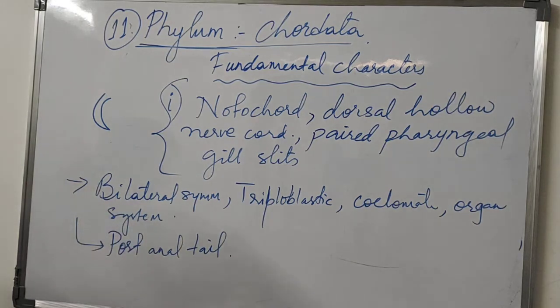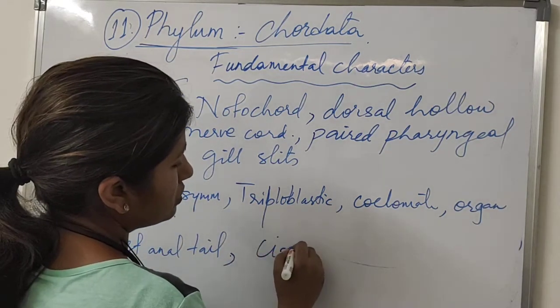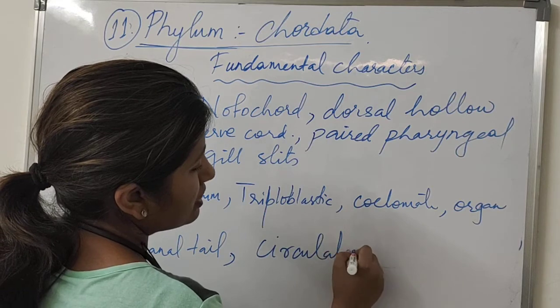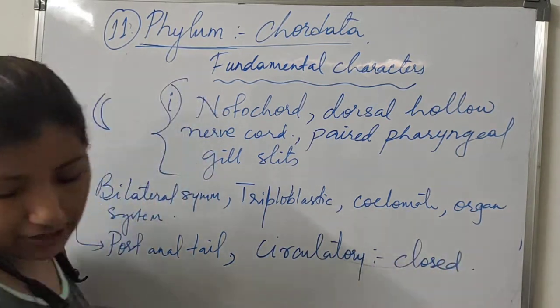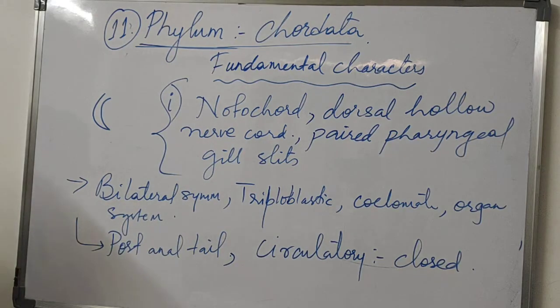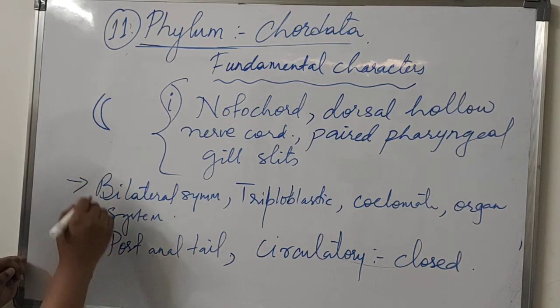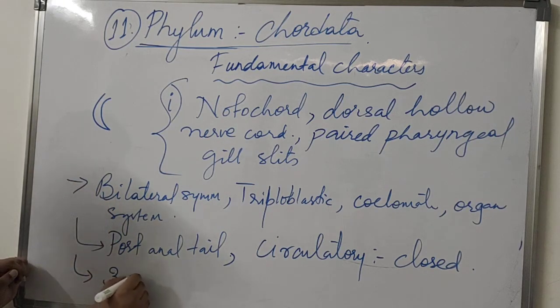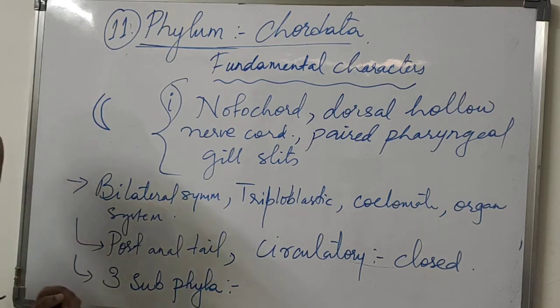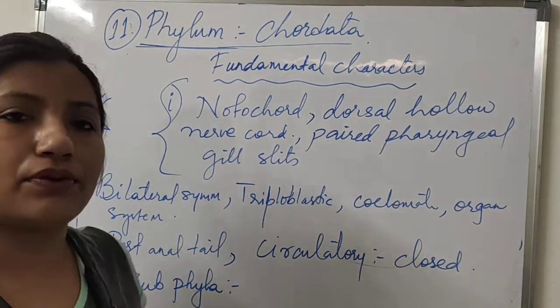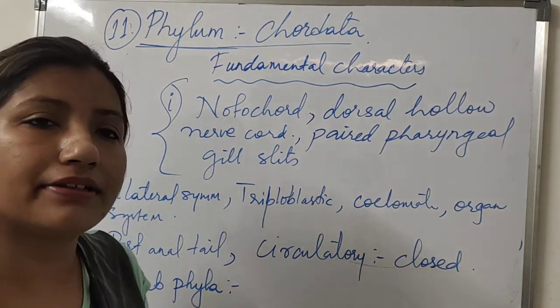The circulatory system is closed with several chambers in the heart. The chambers can be 2, 3, or 4. Circulatory system is closed. Now we'll see, chordata has 3 subphyla. Phylum is singular, phyla is plural, so we are using the word phyla here.